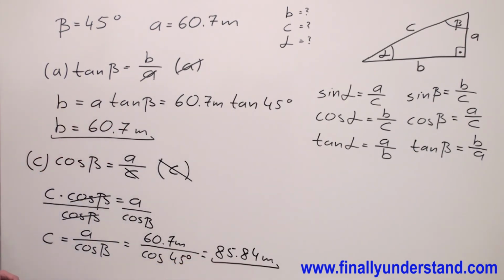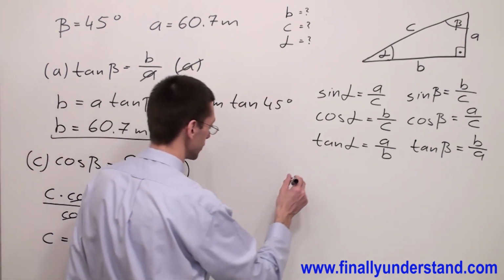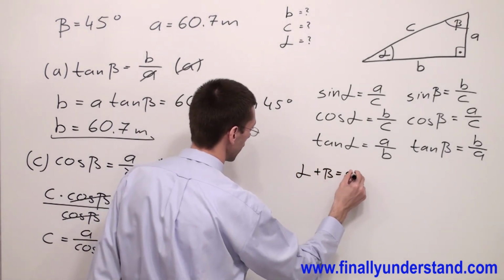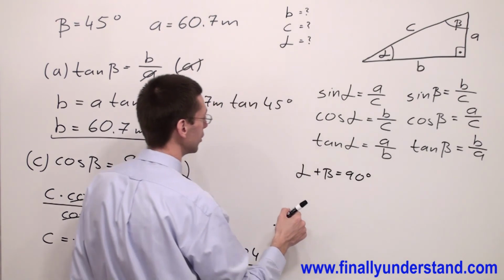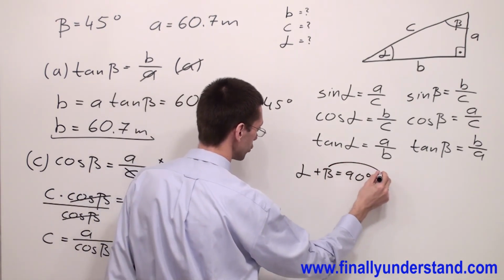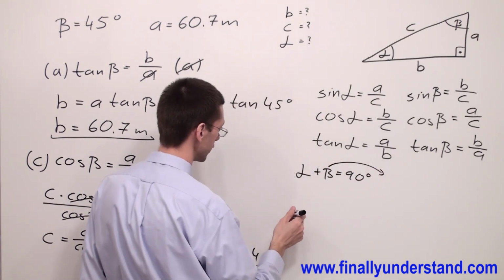In order to find the angle alpha, you're supposed to remember that the sum of angles alpha plus beta is equal to 90 degrees. In order to find alpha, because beta is given, I'm supposed to move beta to the right side of the formula.